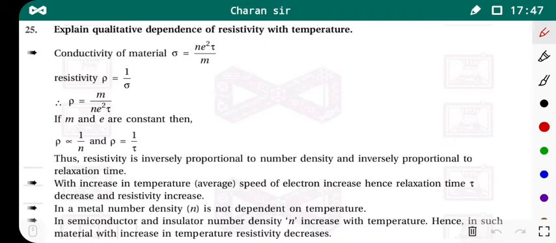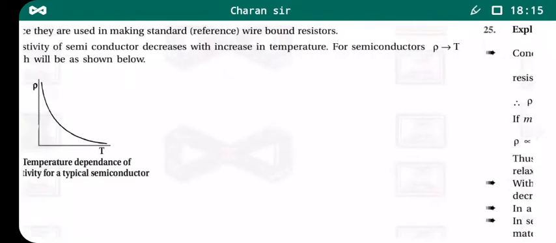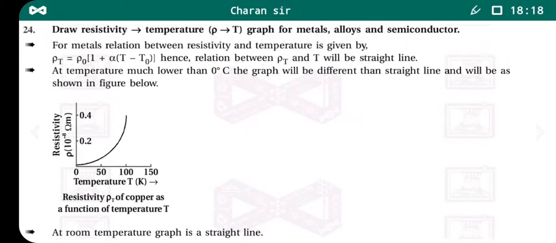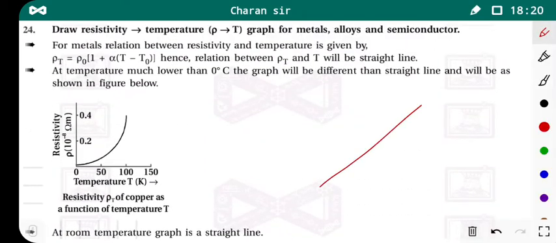That is also fixed. That means your resistivity is dependent on n and tau. Now what is n? n is the number of electrons per unit volume. And tau is the relaxation time. What is the relaxation time? Relaxation time is the time between successive collisions, which we have discussed in the previous slide.